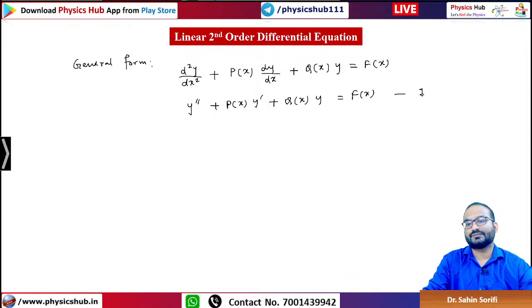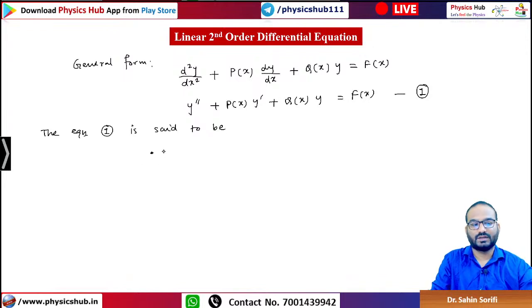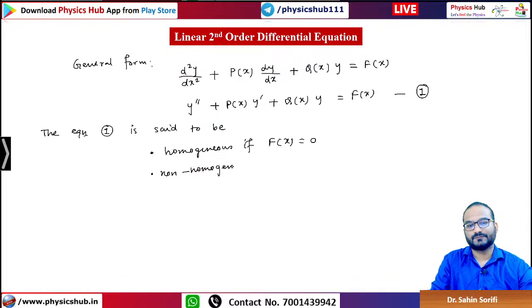Now let's say both equations are the same. This equation 1 is said to be, look, it will be called homogeneous if the function on the right hand side, f of x, is 0, and it will be called non-homogeneous if f of x is not equal to 0.